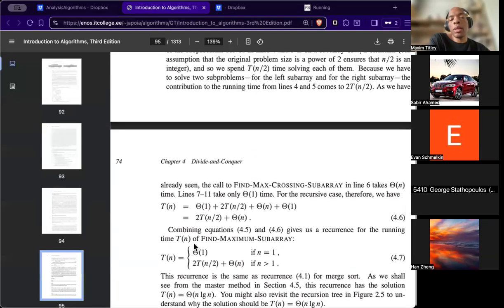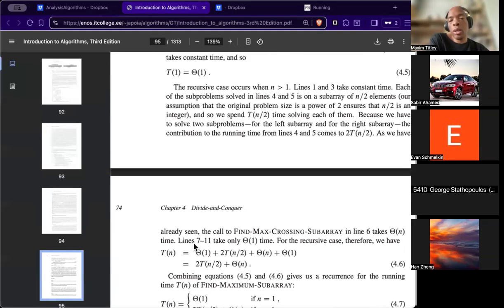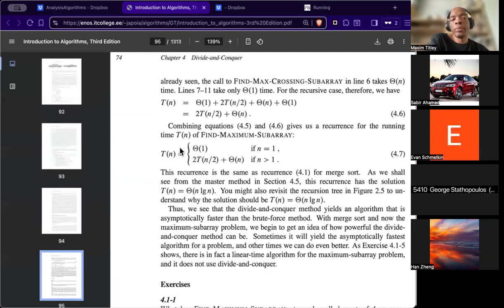So now, the recurrence that they have as an equation would look as follows. T of n equals theta of 1 plus 2T of n over 2 plus theta of n plus theta of 1. So now, when simplified, you can drop the smaller terms, okay? The larger terms that remain are 2 times T of n over 2 plus theta of n.